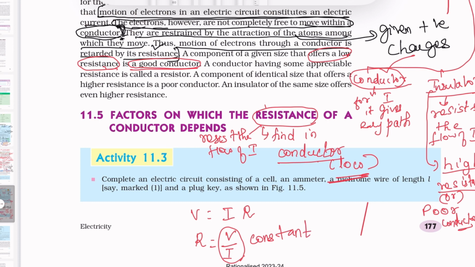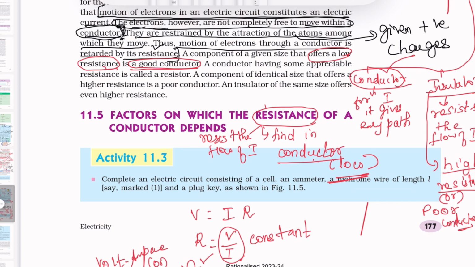And what is the unit of resistance? It is going to be ohm, or volt per ampere, but generally we are going to use the unit ohm. Fine. So if I want to use a different resistance, I don't want the resistance given by this conductor.